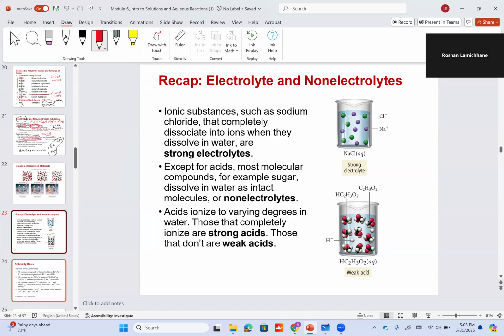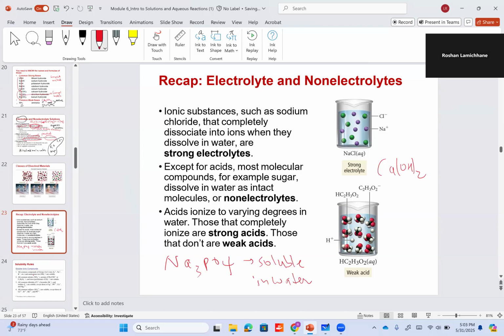For example, Na3PO4: in the next 2 or 3 slides, we're going to learn that this salt is soluble in water. It is an ionic compound soluble in water, meaning it's an example of a strong electrolyte. A strong acid, for example H2SO4, is a strong electrolyte. A strong base, calcium hydroxide, is also a strong electrolyte.